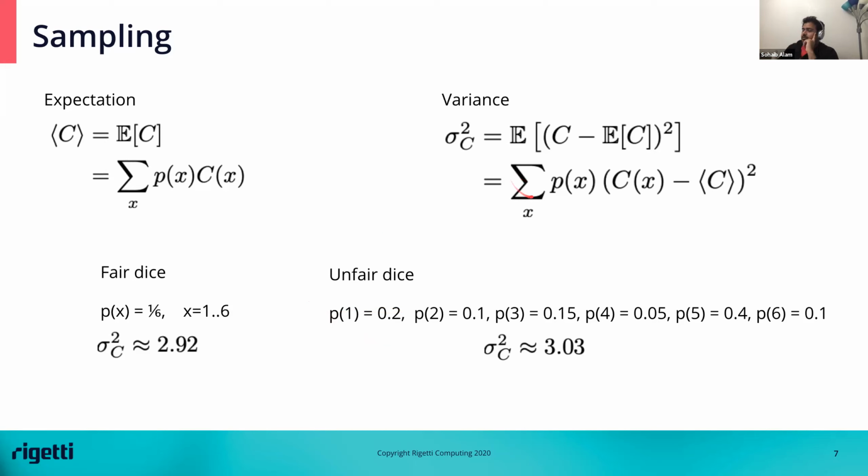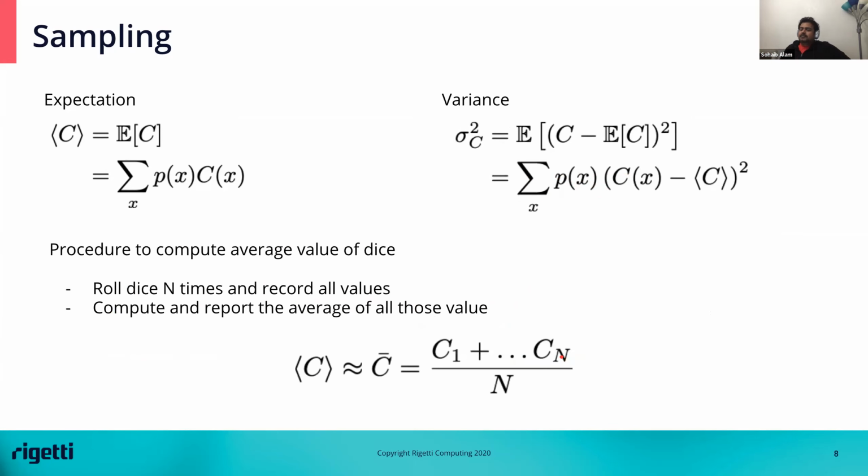But anyway, okay. So we have this variance, and this computes the spread in the value of some random variable, such as the number on a fair dice, which we can compute, and it'll come out to be something like 2.92. We could also compute it in the case of our unfair dice, and it'll come out to be 3.03. Intuitively, I was talking about how it captures the spread of a random variable.